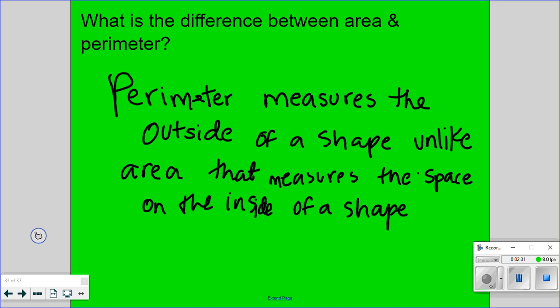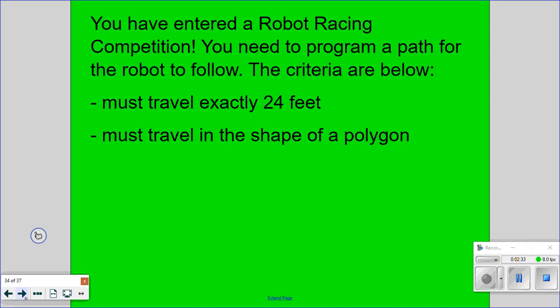All right, so today's task, we are going to be entering into a robot racing competition. For your robot racing, you need to program a path for your robot to follow.